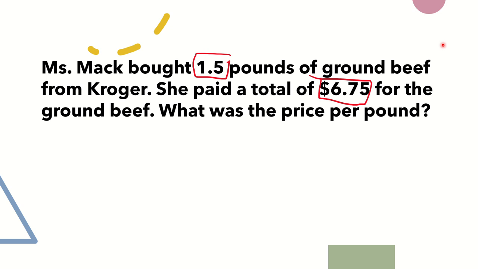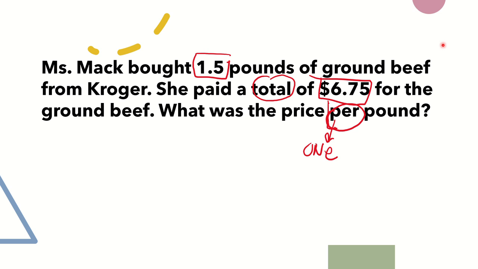One of the things that point out, of course, is total, but also, and most importantly, is per. Okay? In this case, per means the amount for one. We just want to know how much I paid for 1 pound. Not 1.5, just 1 pound of ground beef.